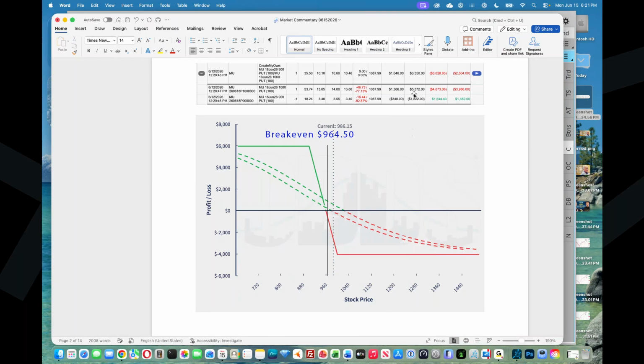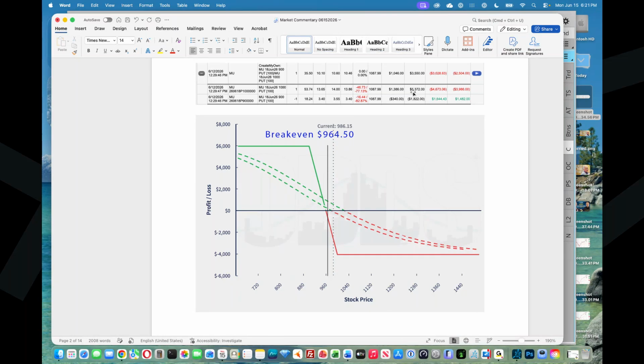You can see that the at the money put we purchased, around 1,000, was trading at 53.72. And today, at the close, it was worth 13.86.